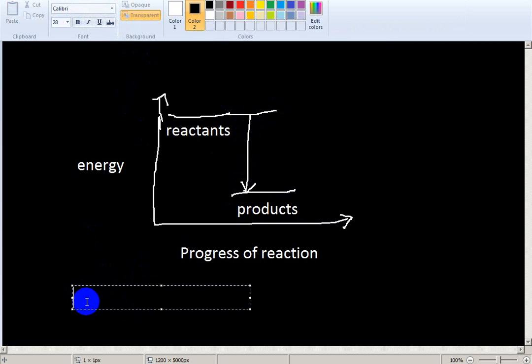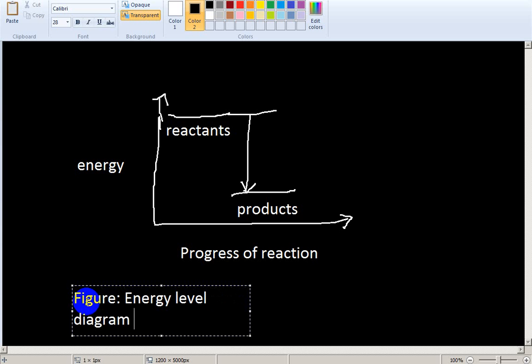Figure: energy level diagram for exothermic reaction. Okay, less than one minute remaining.